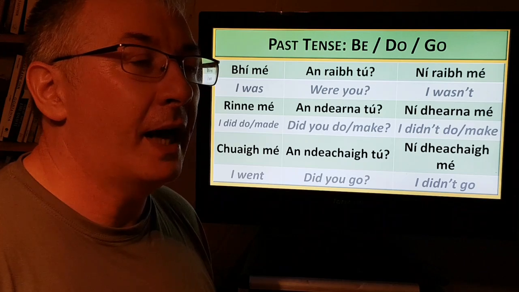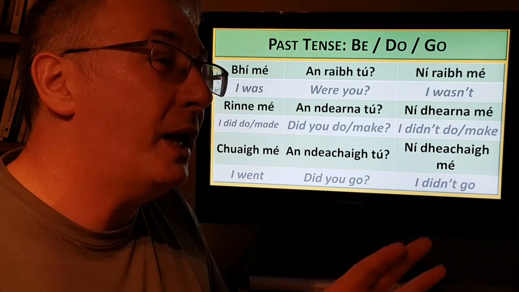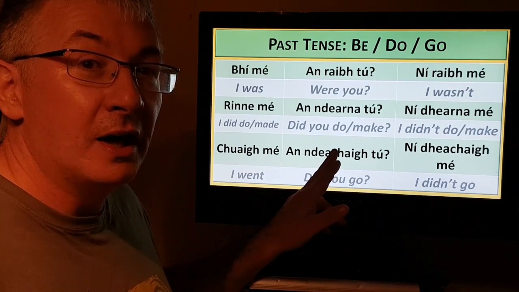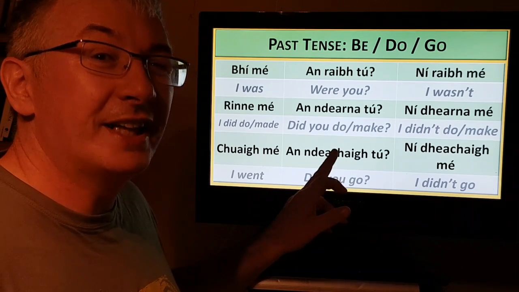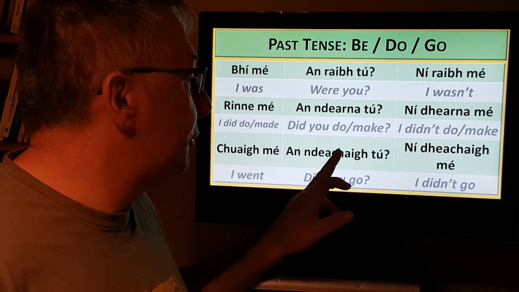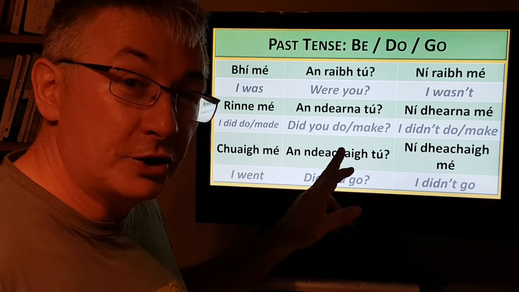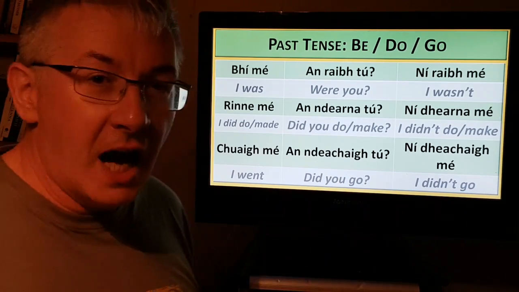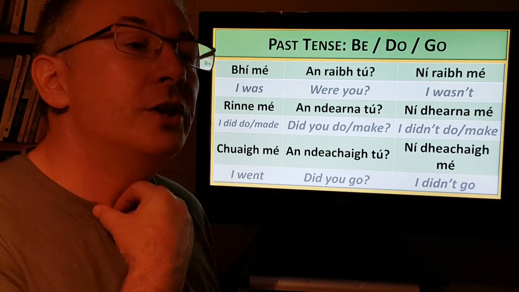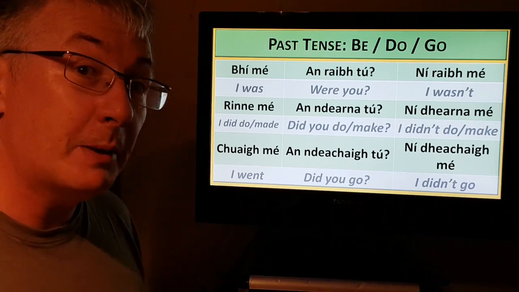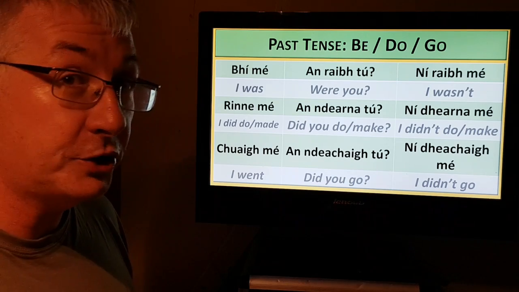If you were going to make a mistake anyway, I would just say it like an H. "An ndeachaigh tú." If you can't get the guttural sound, say it like an H, because it'll sound more natural, but don't sound the C too much. "Anyaki tú" sounds awful. So that's the use of the guttural there, if you can. It takes a wee bit of practice to get that because you don't do that too much in English.